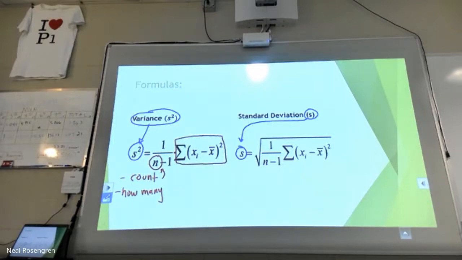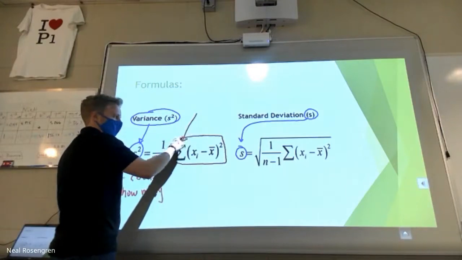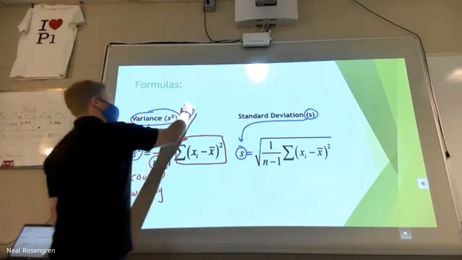That lowercase looking sigma thing meant standard deviation. This weird looking E right there is actually an uppercase sigma, because Greek letters, just like English, have upper and lowercase.